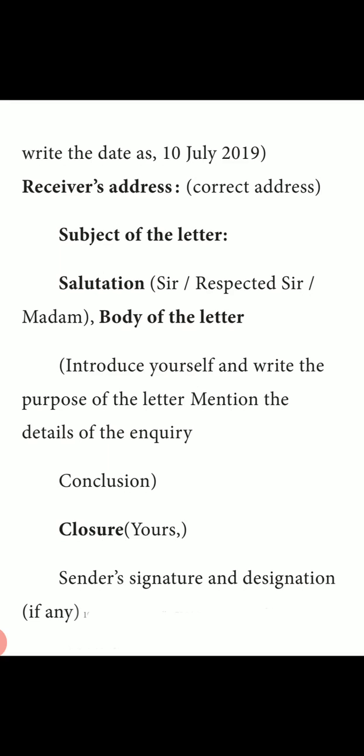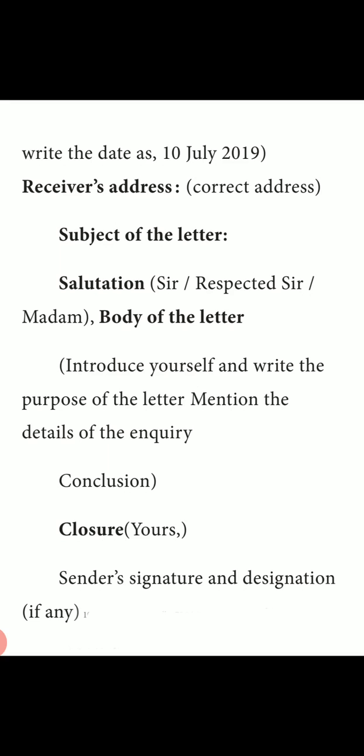What does a formal letter include? Sender's address, that means from address, then date, then to address, that is name, designation and address of the receiver, then subject, then salutation. What is salutation children? Yes, dear sir, respected sir, sir or madam, that is salutation. Then body of the letter, then closing paragraph.